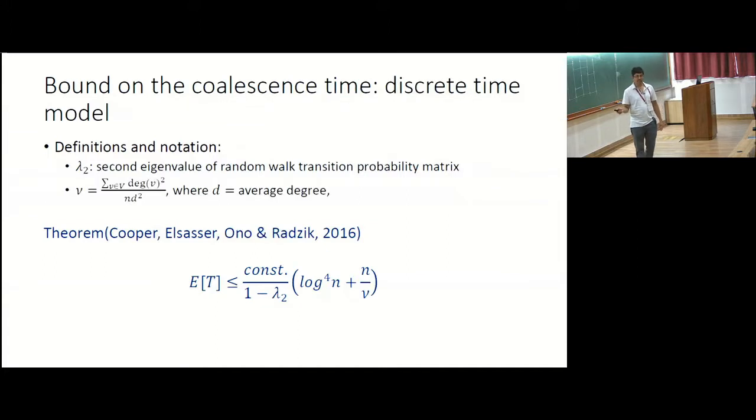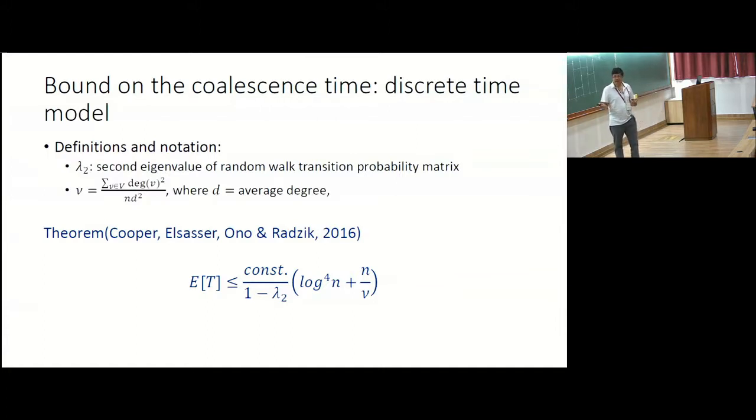And if your graph is an expander, then the denominator here is a constant. So the bound you get, n is the dominant term here. So you again get that the expected time is bounded by a constant times n, which is what you got for the complete graph. It's quite similar in behavior to the complete graph.